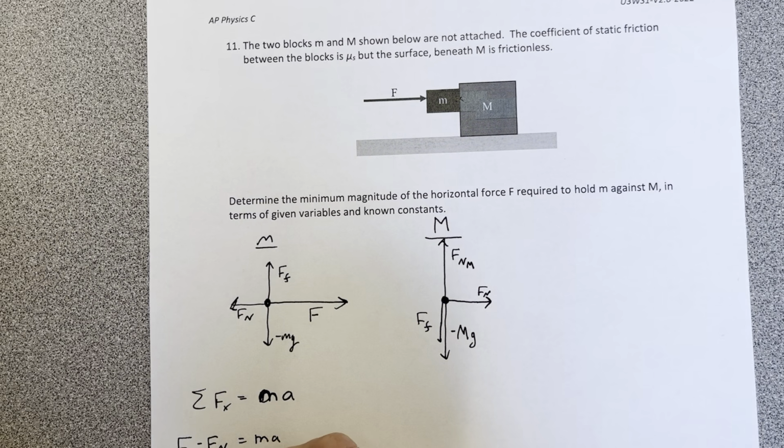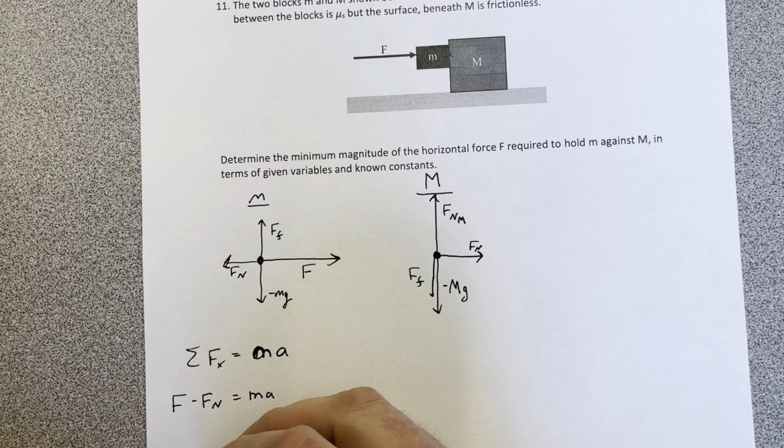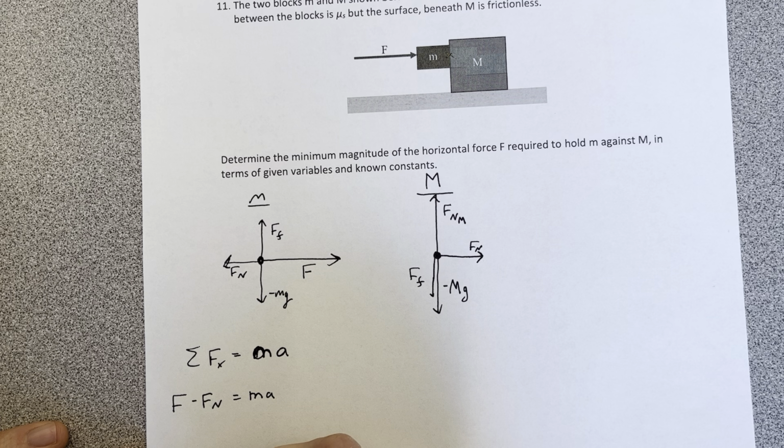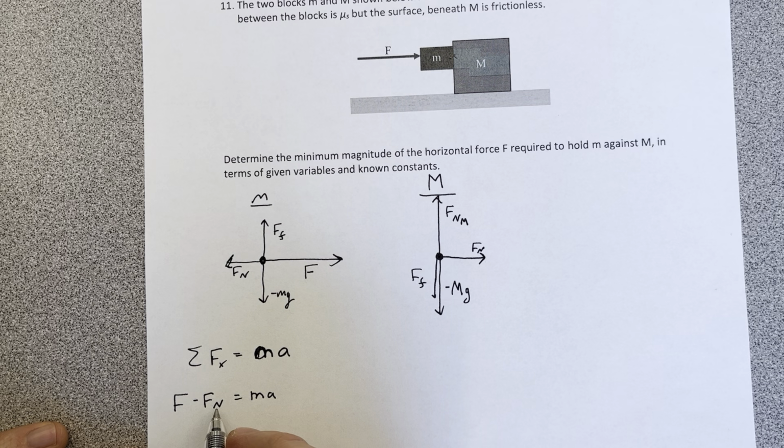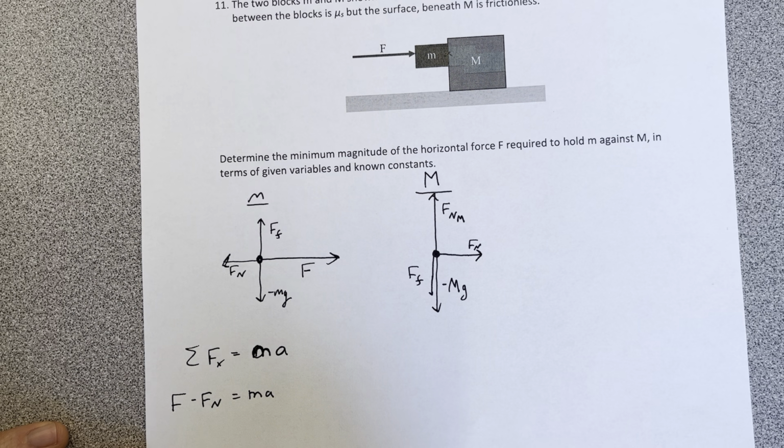Okay, sum of the forces in y for this are 0. We don't want it to slide up vertically. So that means mu Fn minus mg equals 0. That's a given. That's an unknown. That's an unknown. So we're going to be able to eliminate Fn using this, right?